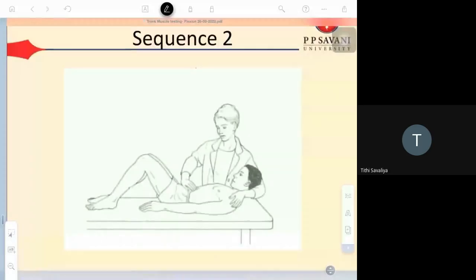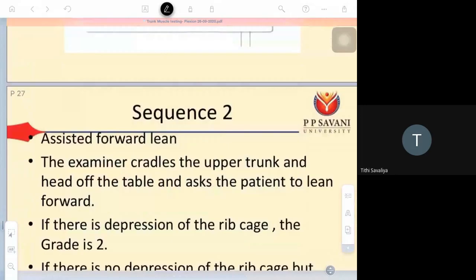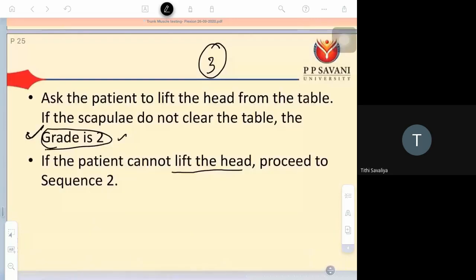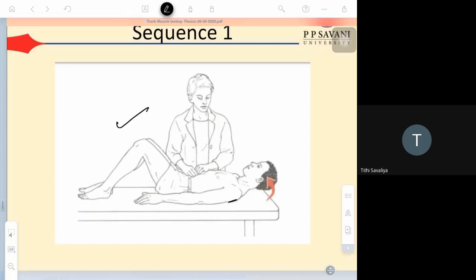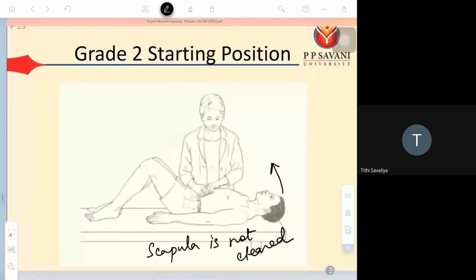This is sequence number 2. So what is the difference here? Here you are giving support. Clear? Sequence 2. This sequence is called assisted forward lean. Again I will repeat. First, this is the starting position for 2.